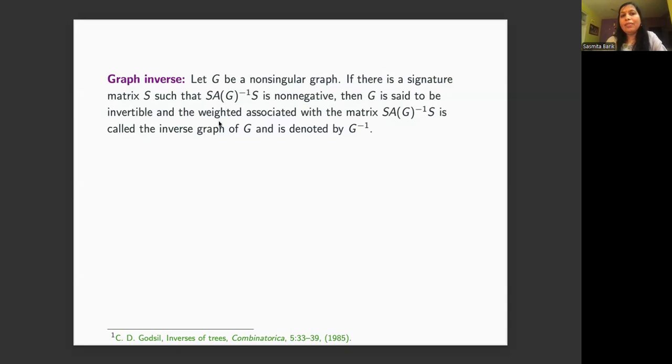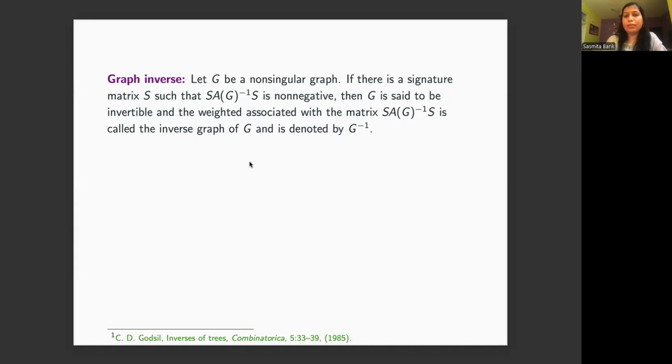That graph is known as the inverse graph of G, and we denote it by G inverse. So given a non-singular graph, its inverse may exist or may not exist. It will depend on whether A_G inverse is signature similar to a non-negative matrix or not. If it happens, then we can associate a graph to it. This will be the adjacency matrix for that, and that graph is known as the inverse graph of G.